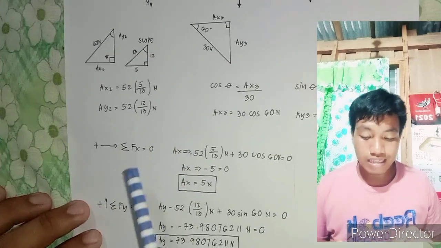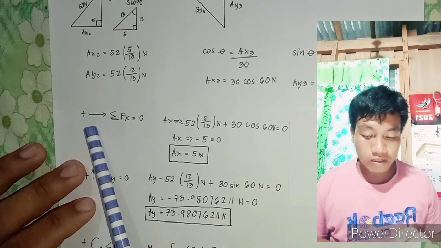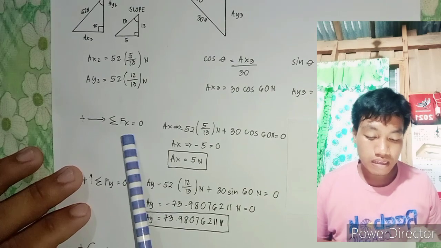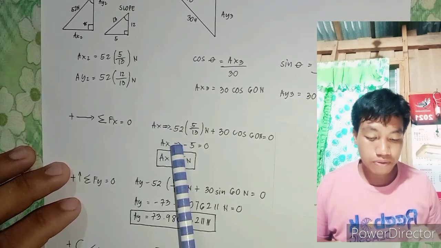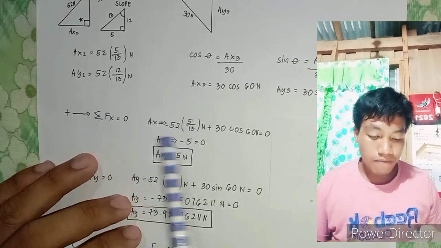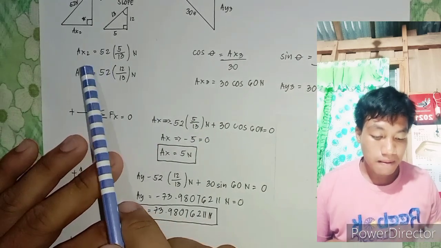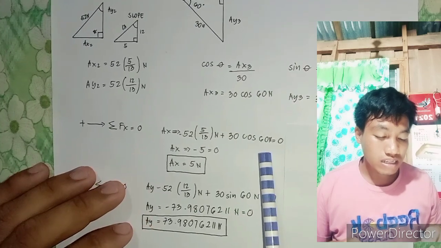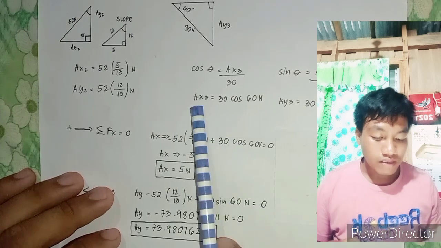So, summing forces, sign convention, positive going to the right. Summation of Fx is equal to 0. AX is equal to negative 52 times 5 over 13 Newton from AX2, plus 30 cosine 60 Newton from AX3, is equal to 0.